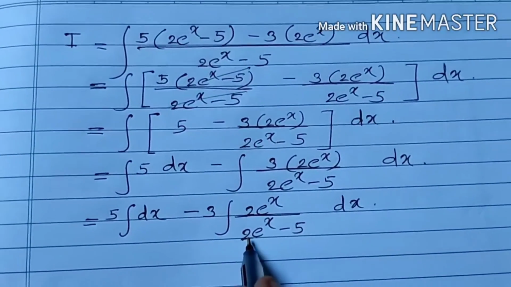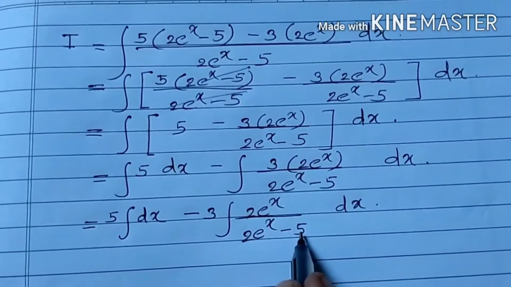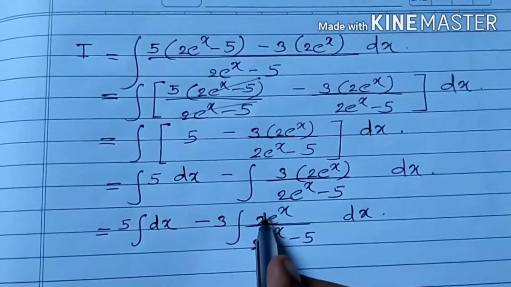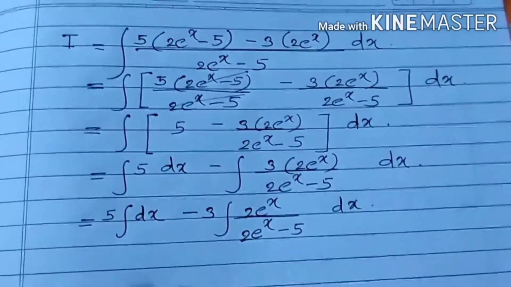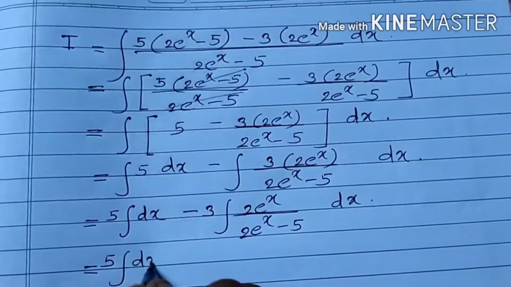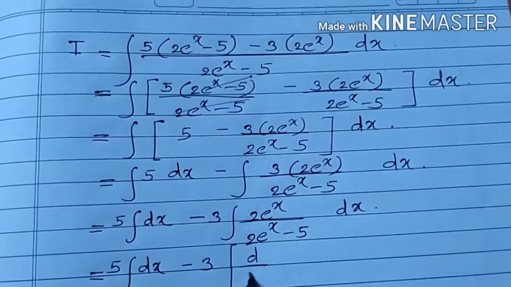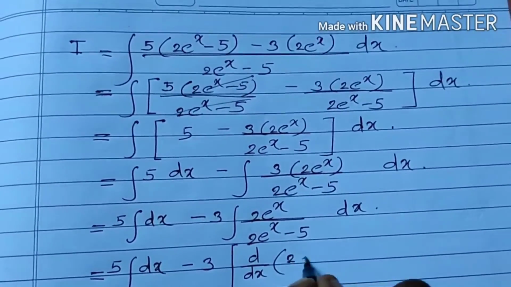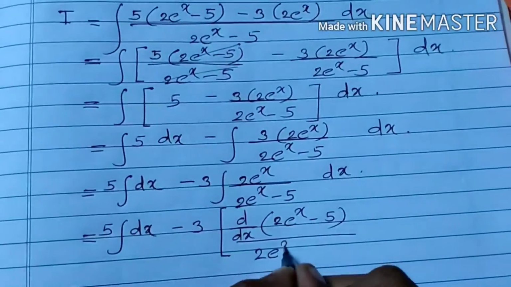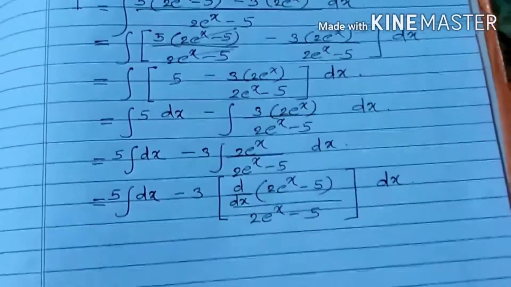Now you can observe the denominator 2e raised to x minus 5. The derivative of 2e raised to x is 2e raised to x, and the derivative of 5 is 0. This means the numerator is the derivative of the denominator. So you can write it like that: 5 integration of dx minus 3 integration of d by dx of 2e raised to x minus 5 upon 2e raised to x minus 5 into dx.